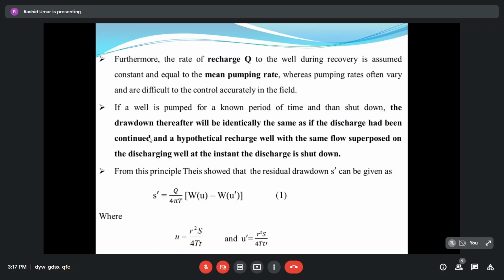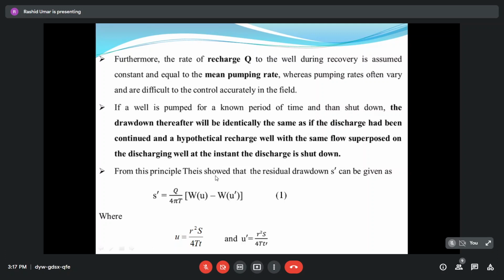So he presumed that there is a hypothetical recharge well with the same flow, superposed on the discharging well as soon as discharge is shut down. This is the key point: the recovery is because a well is superposing the discharging well with the same recharge rate as we have pumped.